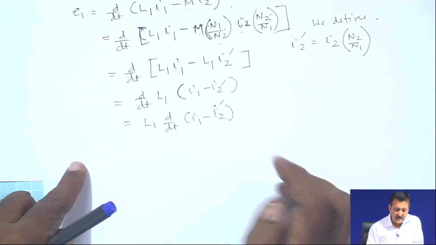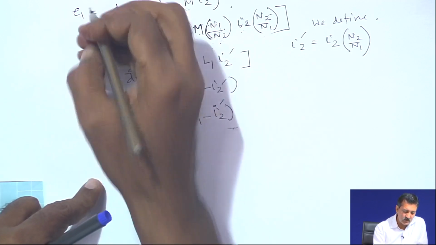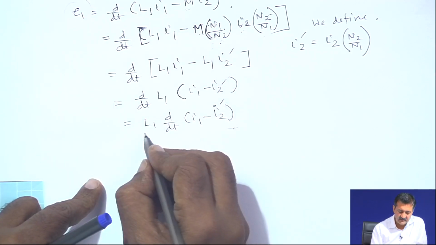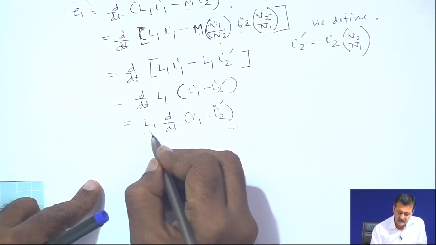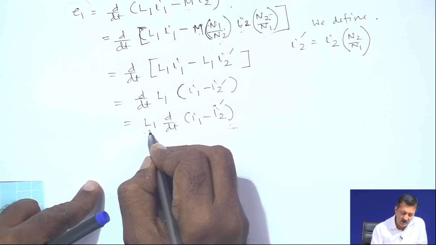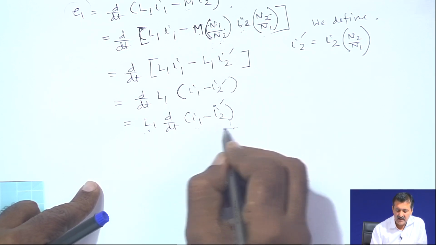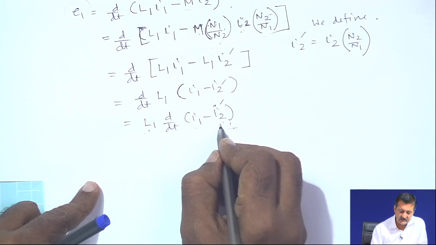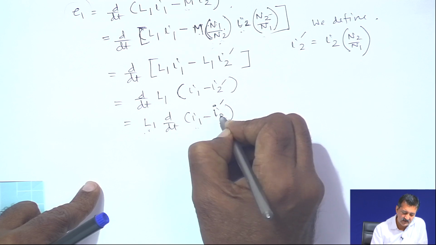So, this is the equation of the induced voltage U 1 as a function of the measurable quantity L 1 and two currents: I 1 and a reflected current of I 2, in the form of I 2 dash.